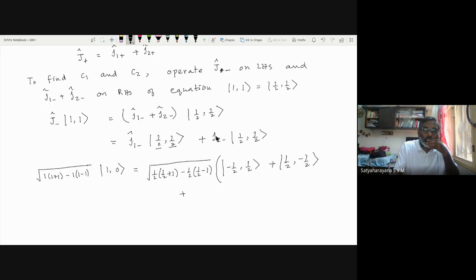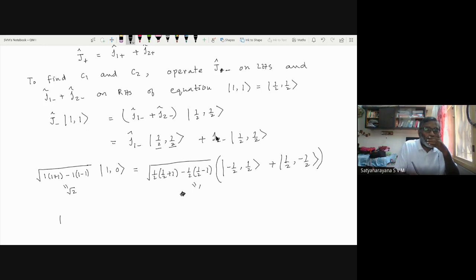So this is what you will get here. Correct? Now what is half into half plus 1? This is 3/4, minus half into half minus 1 is half. So this is basically 1. Okay, so this factor is 1 and this factor is root 2.